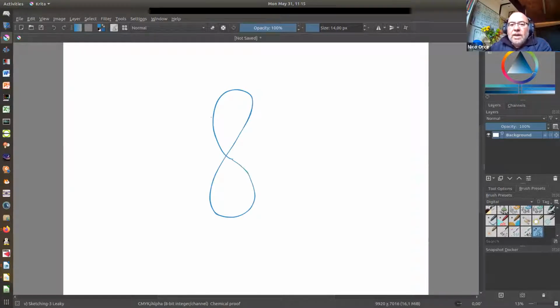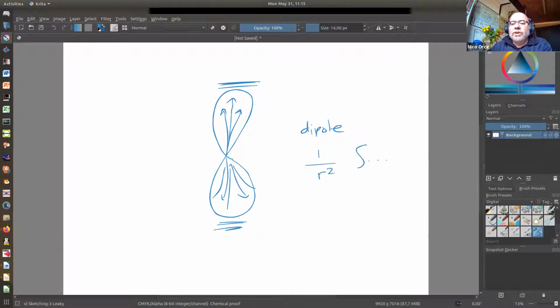No. So we have all this radiation, and these are the equidistant lines. Basically the radiation goes down here, up there, and down here. These are the lines of the electric field, which go up. This happens for a dipole, where you have a 1/r squared and that integration that we have.